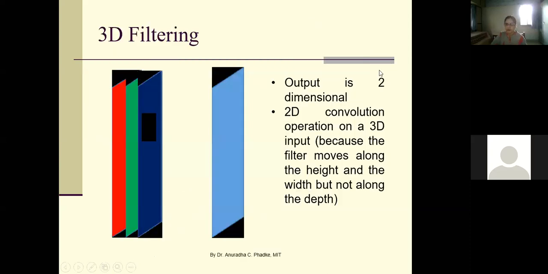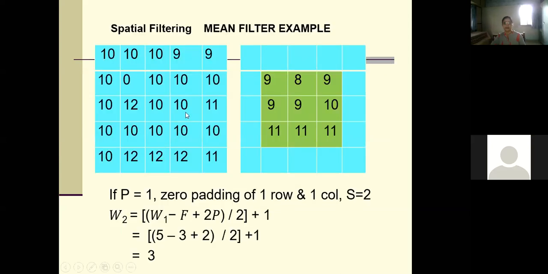Now, in case of convolutional neural networks, your first few layers are convolutional layers. All the initial layers perform convolution operation by applying various filters on the image.